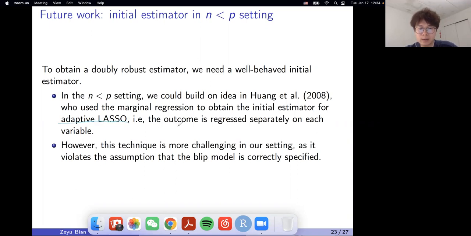That is, the outcome is regressed separately on each variable. For example, if the outcome is y, and we have two variables, x1 and x2, the marginal regression is that first we regress y on x1, and next we regress y on x2, in this way to obtain the initial estimator.